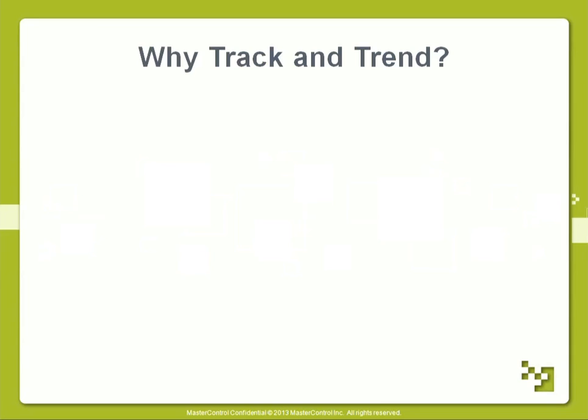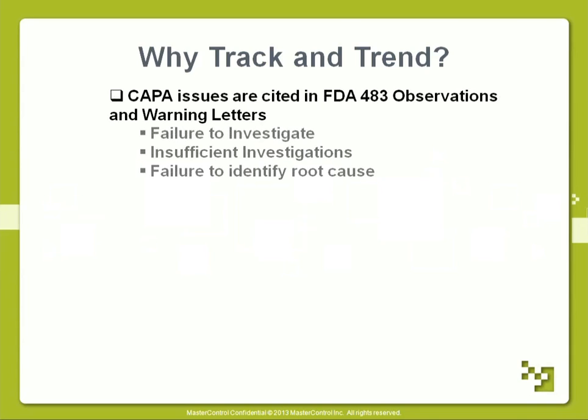At a high level, of course, CAPA issues are often cited in 483s as well as warning letters. I don't really have any numbers. It's not the majority or anything like that, but it's a good chunk of them. I think supplier observations probably beat that.